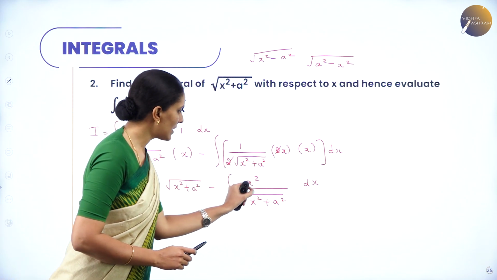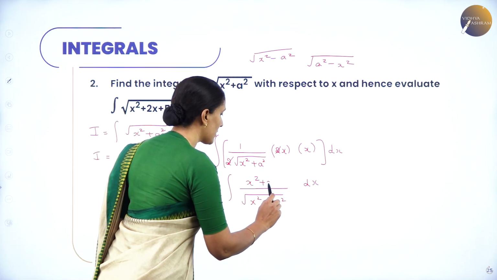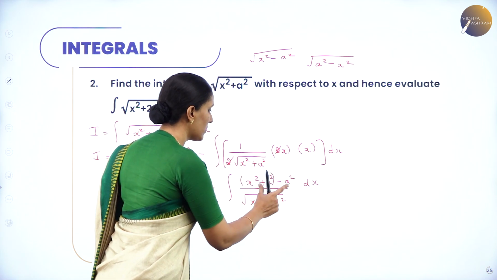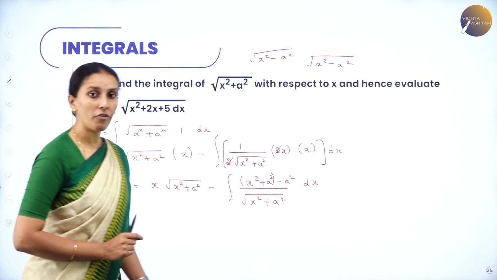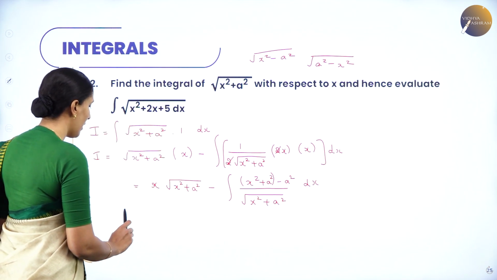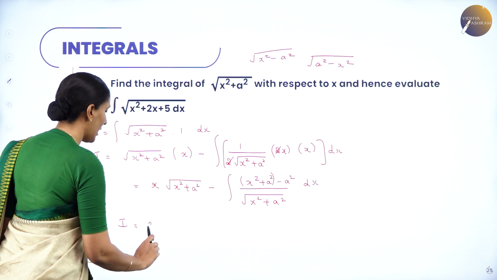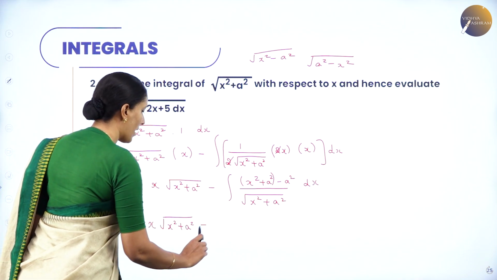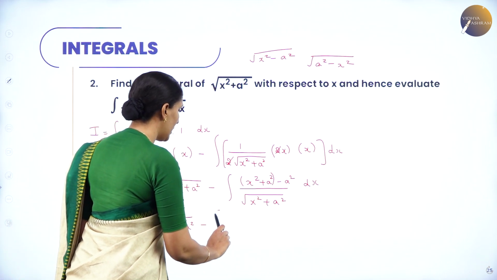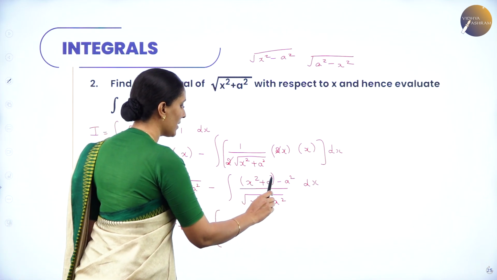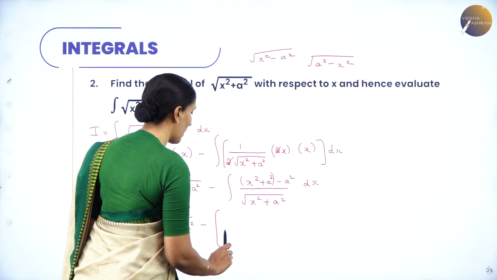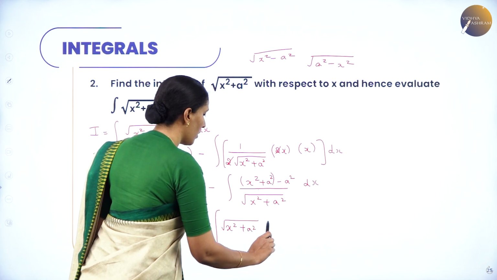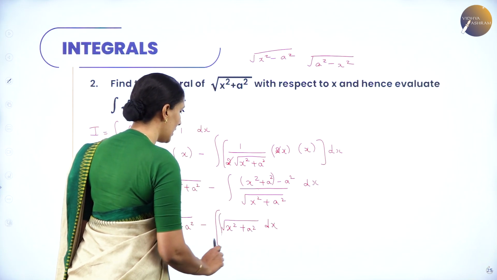Now here I'll make a slight change by adding a square and subtracting a square. I'll separate these two terms and divide each term by root of x square plus a square. Then I becomes x root of x square plus a square, minus, I'll keep outside, the integration of x square plus a square divided by root of x square plus a square, which becomes root of x square plus a square with respect to dx, another integration.